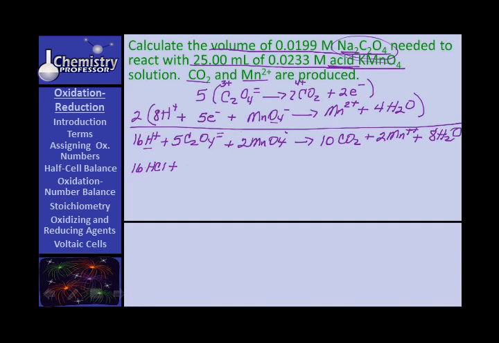So it's 5 Na2C2O4, okay, plus, and the permanganate is potassium permanganate, and that's 2 potassium permanganates. And that is reacting to produce 10 carbon dioxides.